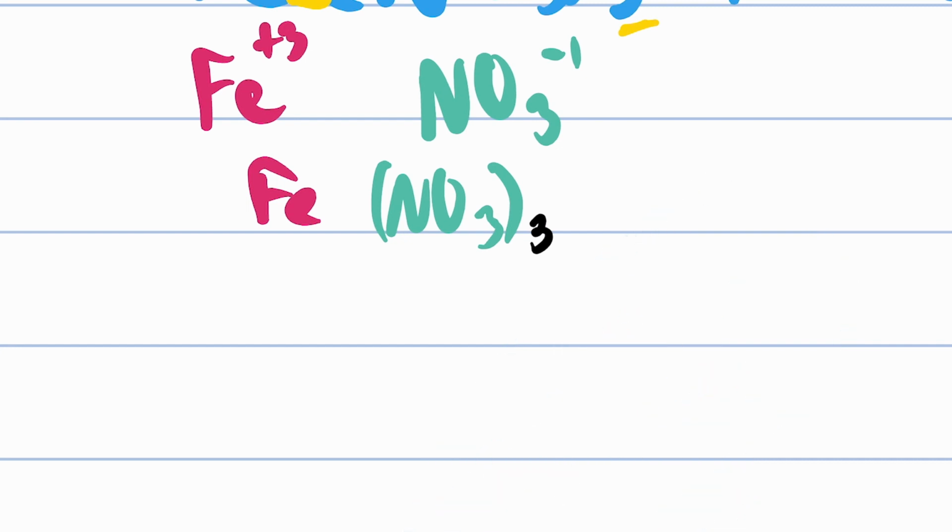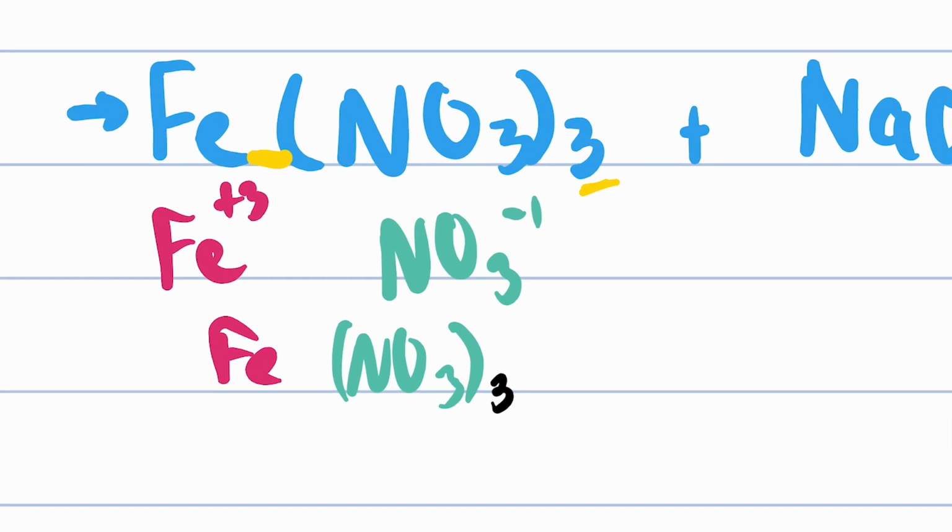With that said, you have to be careful because some people, if they're just doing the crossing, will take this 3 and go up and across with that. And you just have to be careful because this 3 is part of the polyatomic compound, right? So you're not going to be taking the subscripts from the polyatomic compounds because that's not telling you the quantity of the compounds.